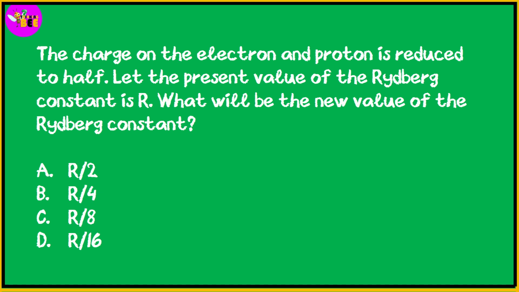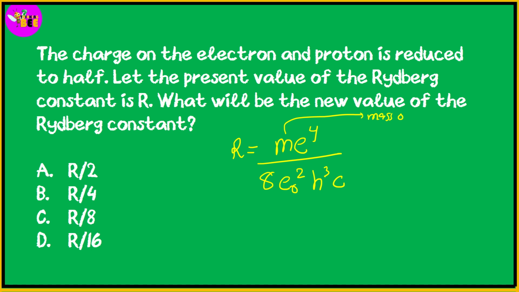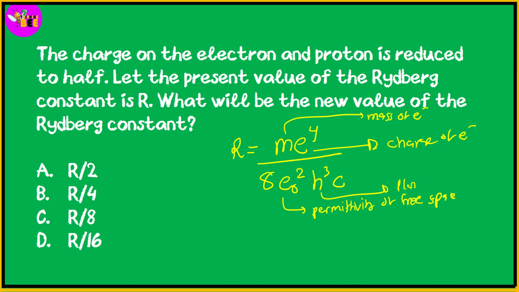Now the thing we need to solve this is that the Rydberg constant is calculated as m into e raised to 4 divided by 8 e naught square into h cube into c, where m is the mass of the electron, e is the charge of the electron, E naught is the permittivity of free space, h is the Planck's constant and c is the speed of light.